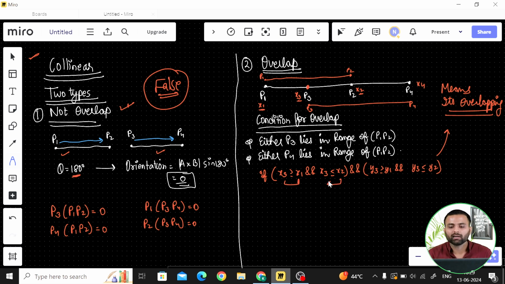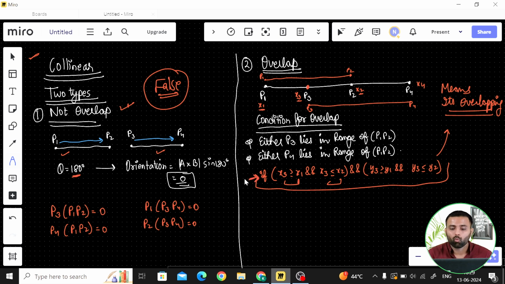If that condition is satisfied and your y coordinates are also satisfied, then, here I'm just checking the x-axis. We have to check the y-axis also. So we just have to check these points. If these points are valid, it means that your second line segment overlaps, lying somewhere in the middle of your first line segment. So we just have to check this.